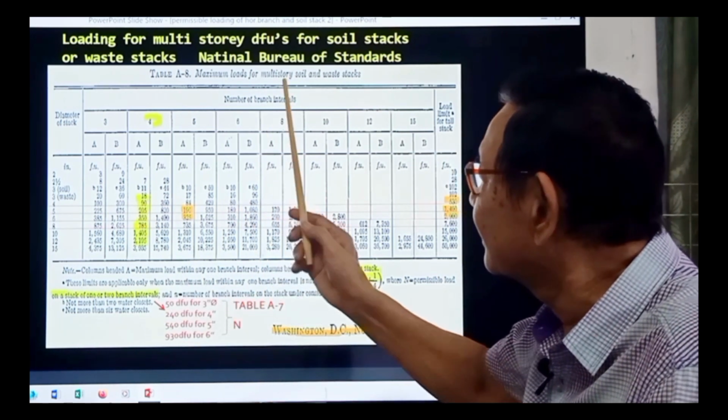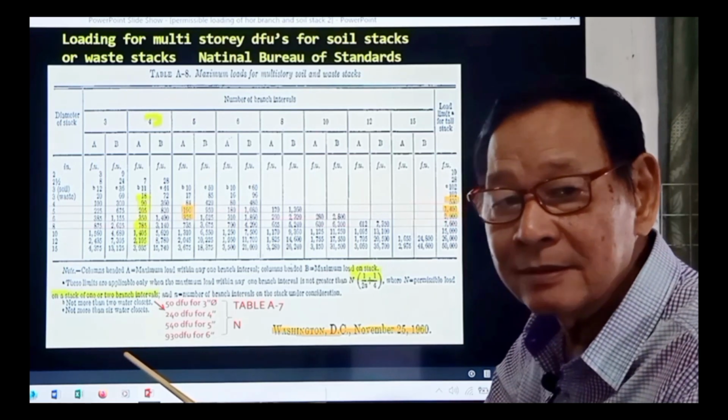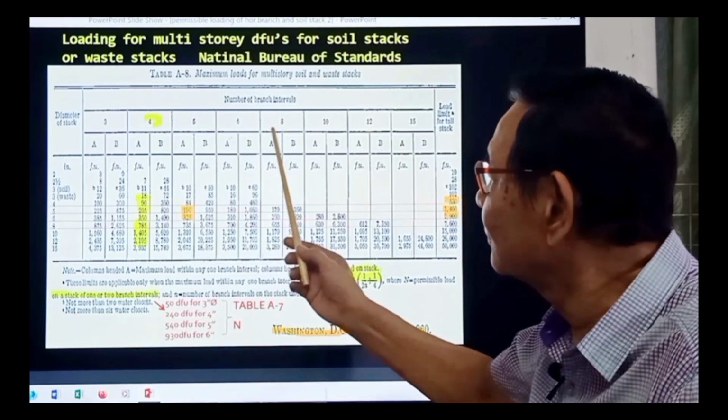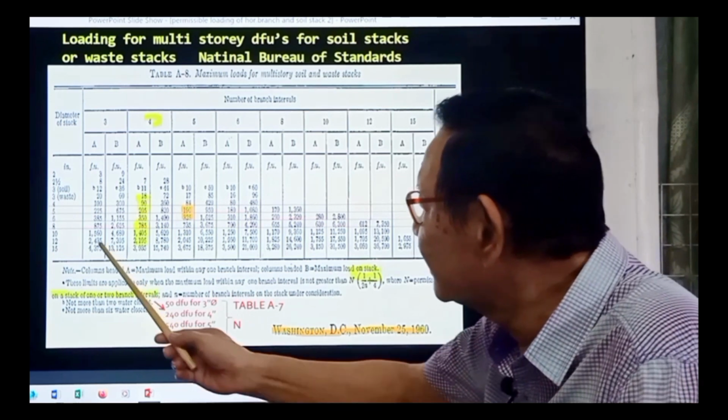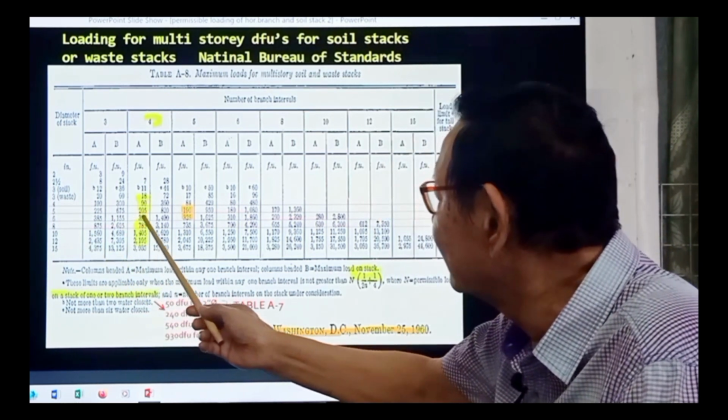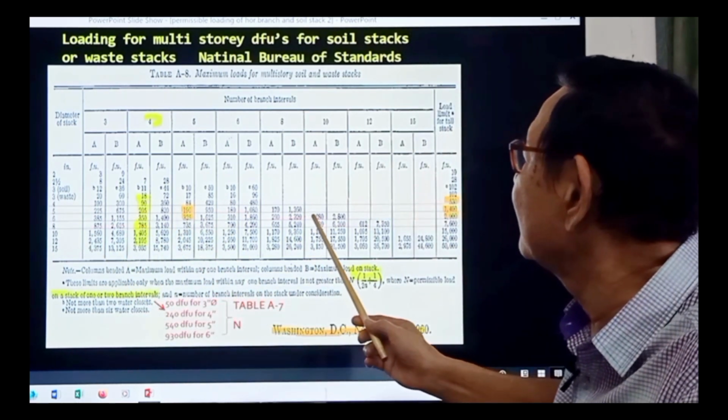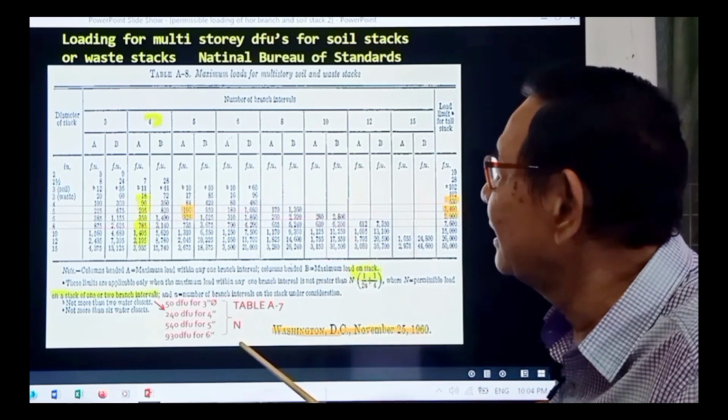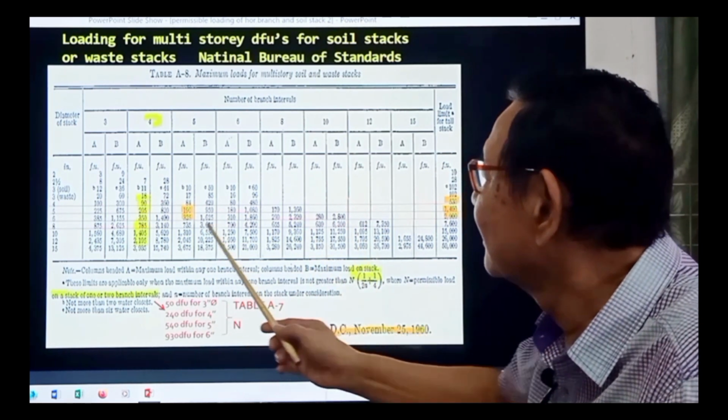Hanggang 6 story ito. Ang size natin, hanggang 10 story ang size natin.